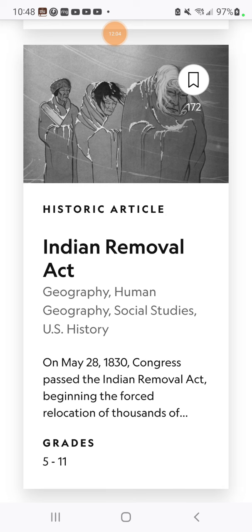So from the Virginia area in that region, in them southern regions, up to Oklahoma was like damn near a 1,000-mile walk on foot. And this is why it was dubbed the Trail of Tears, because a lot of people starved to death, a lot of children died, people froze to death, all in the name of westward expansion.